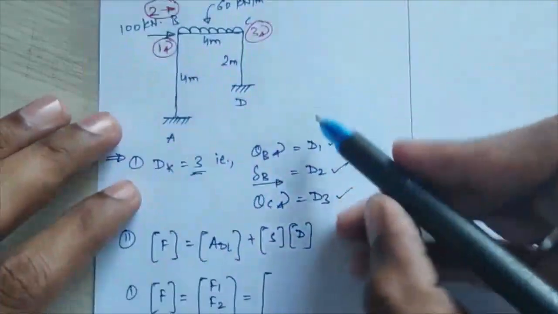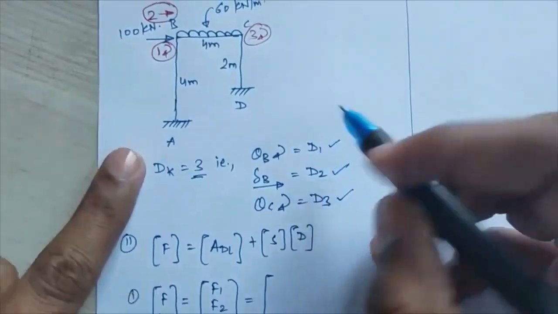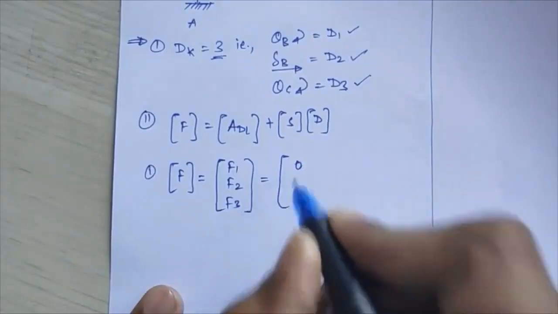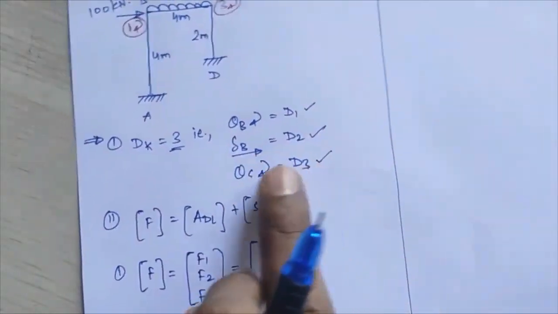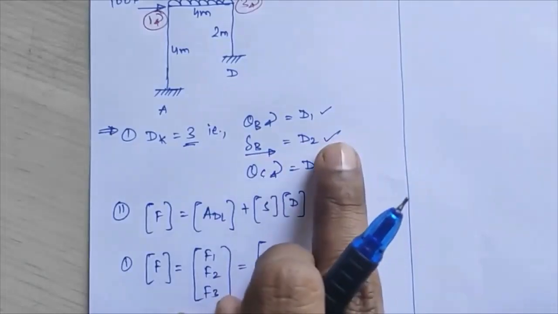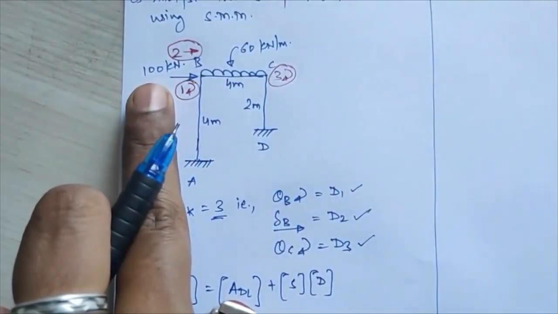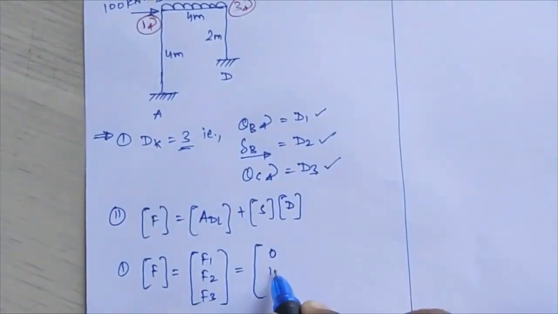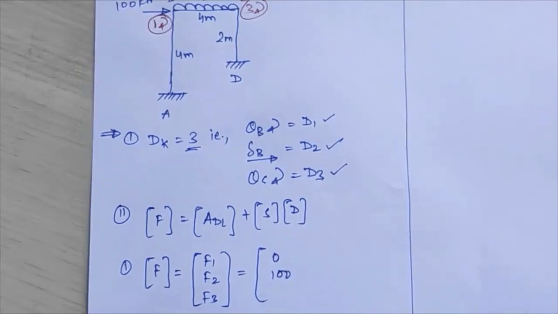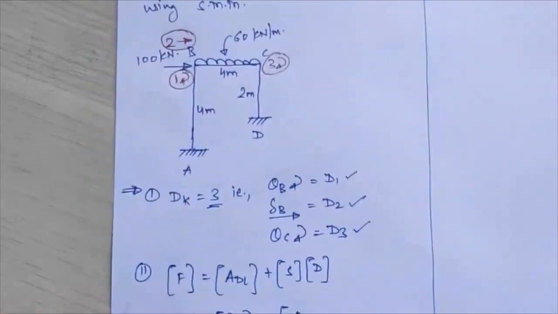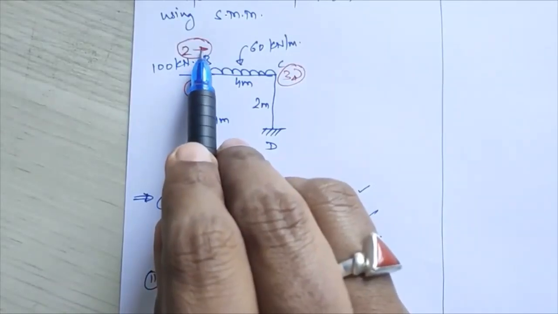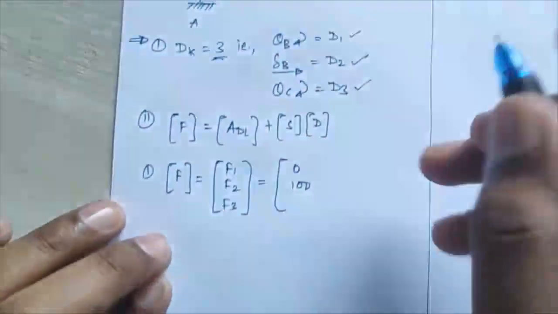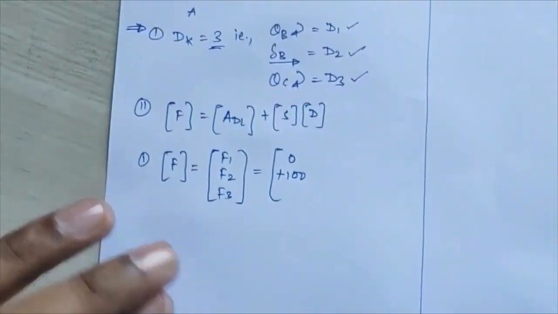So we'll see that. At your first coordinate, is there any moment acting here? No, it is not acting, so your F1 value will become 0. Next, for D2 you have to check whether any corresponding force is acting or not. Yes, it is acting, a load of 100 kilonewton, so you will note that as your F2 value. Now about the sign of this 100: the direction you have assumed is towards the right, and the actual acting direction of this 100 is the same, so this 100 will be treated as positive.